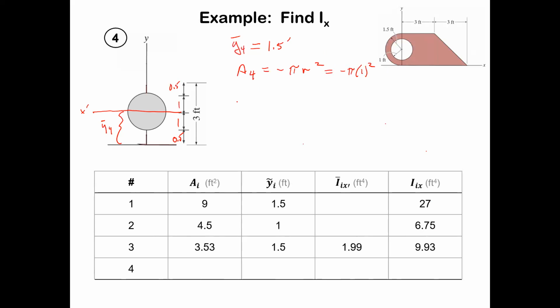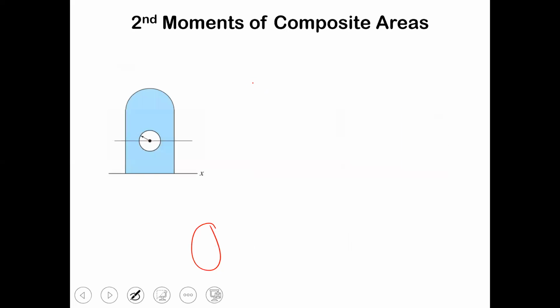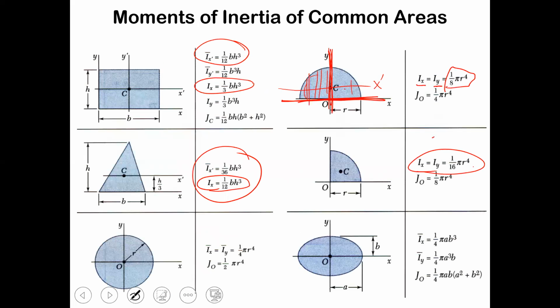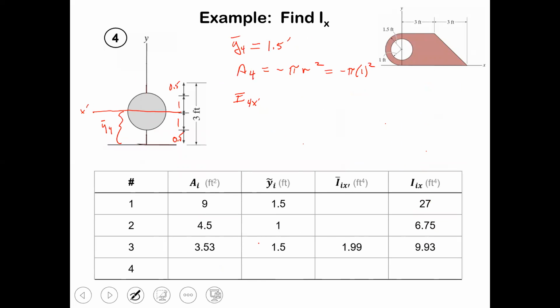And the moment of inertia of a circle about its centroidal axis is, according to the table, here's the circle, and these bars, Ix bar, Iy bar, about the centroidal axes are 1/4 pi r to the 4th. And we have to subtract this because this is the absence of a piece.